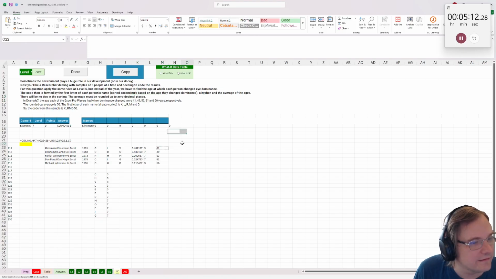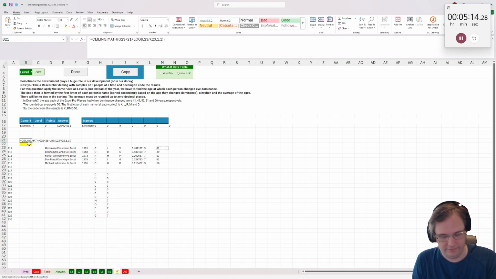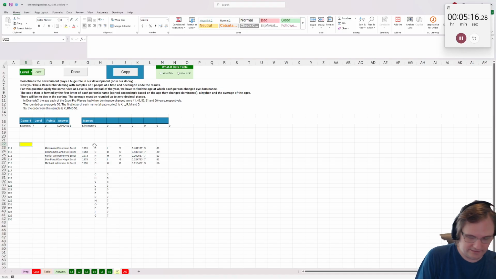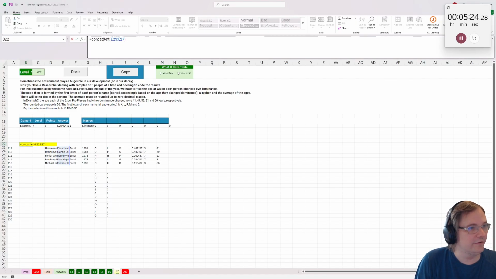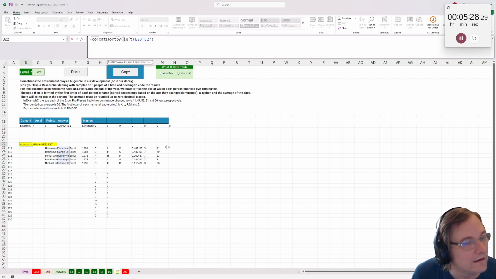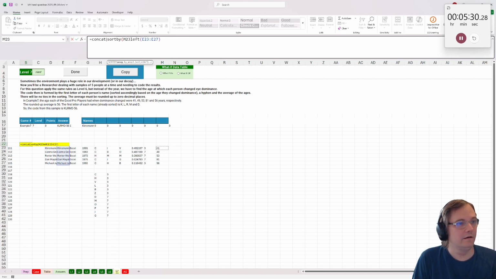This matches the example. So now for the answer, it is concatenate the left of these, right? So the first initial of this, but with a sort by, right? So sort by their letters, and that's going to get sorted by their ages.